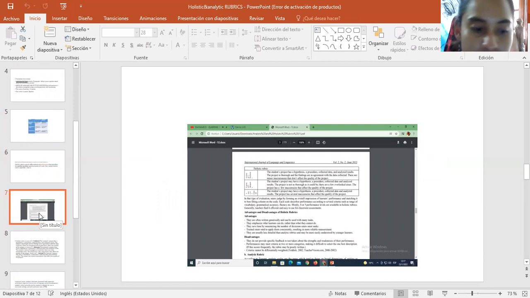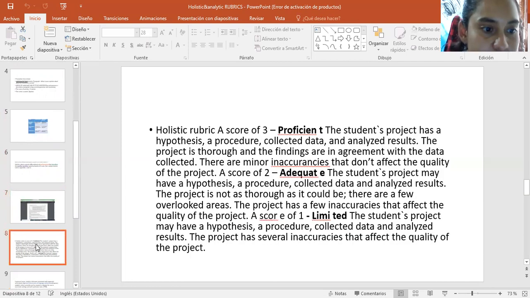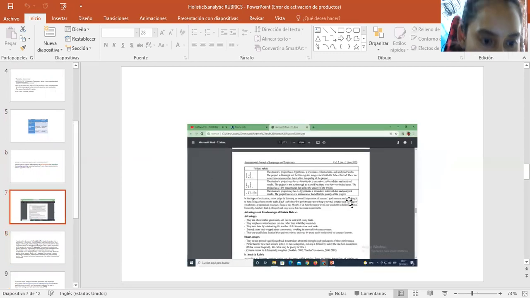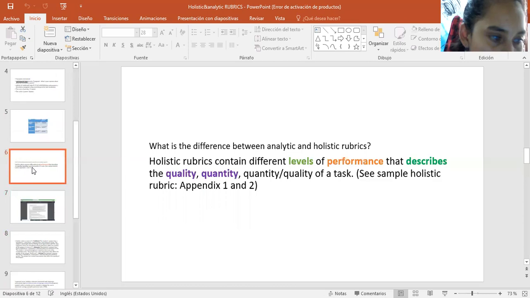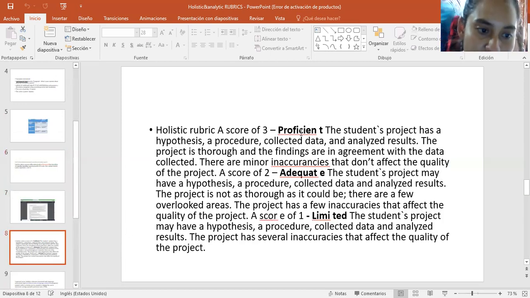We have an example of a holistic rubric. We can evaluate by levels that describe if students are learning or learned the content of the class.